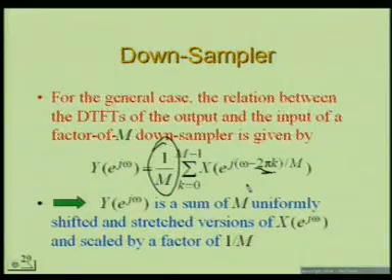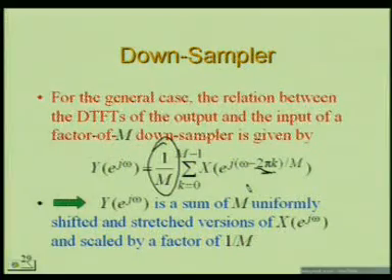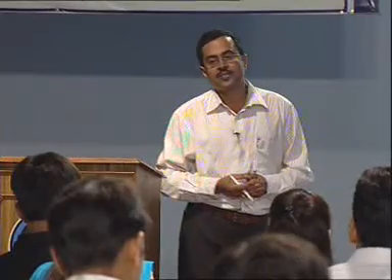So, M uniformly shifted and stretched versions of X(e^jω) can easily be obtained. Then you take the sum, you get Y(e^jω). This point is clear.